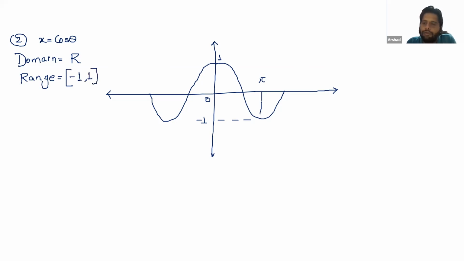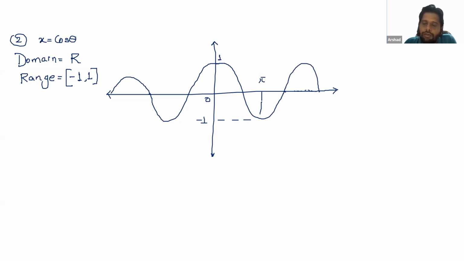This is clear, Fahad and Rifat? So why is the domain R? Please check the graph. This will keep on continuing like this only. Okay, so if you check each and every point on the x-axis, you have a graph.